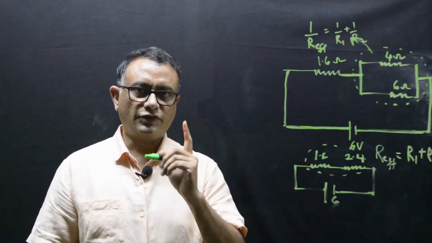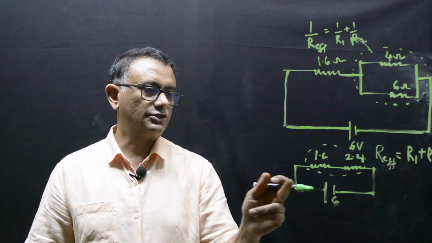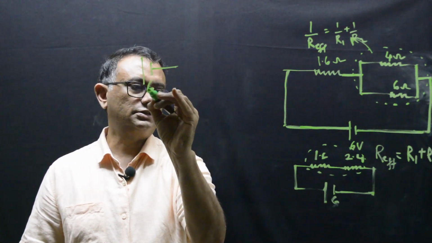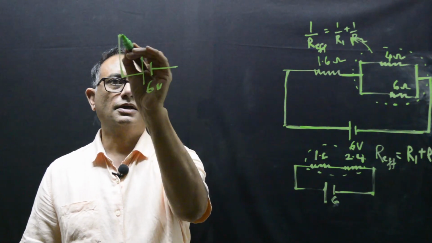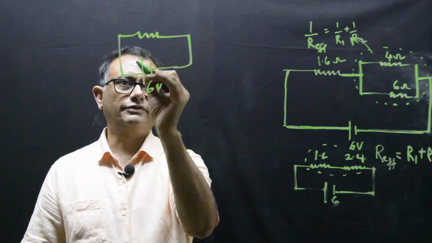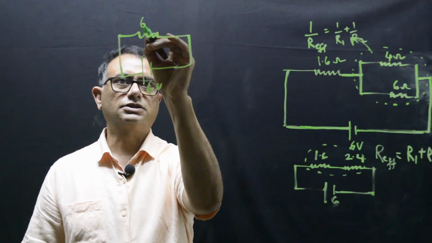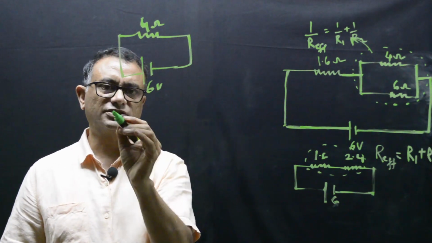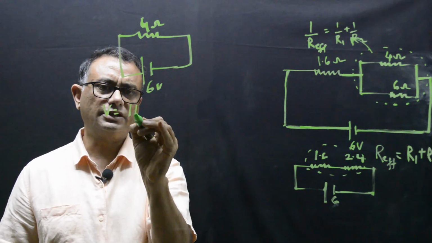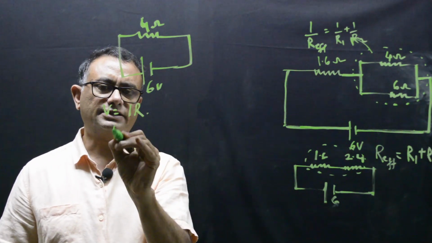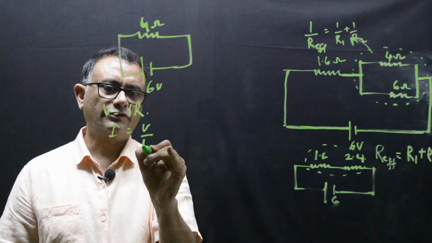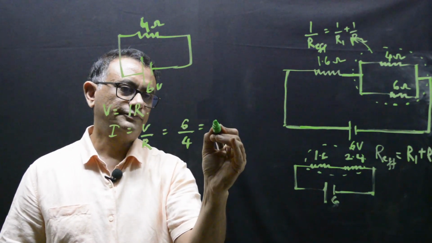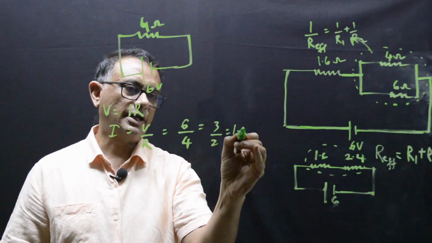So that means to find out the current in the circuit, let's draw the simplified diagram. So we have the 6 volts battery. Overall R effective we have found out to be 4 ohms. We simply use Ohm's law, V is equal to IR, and say I has to be equal to V by R, which is 6 by 4 or 1.5 ampere.